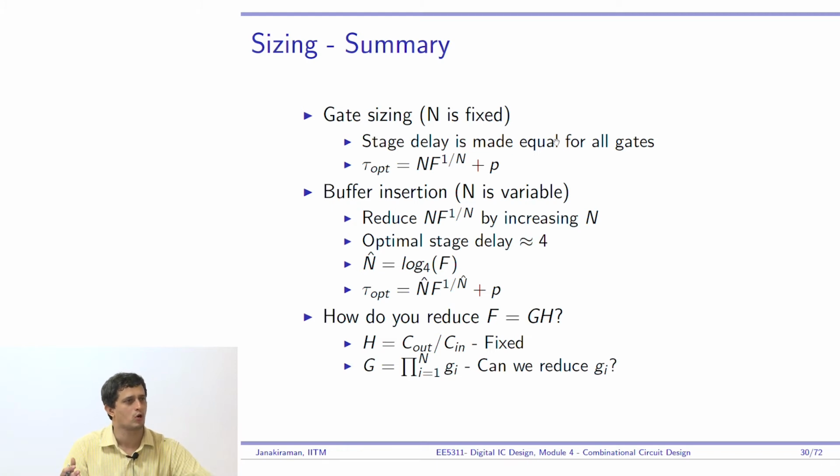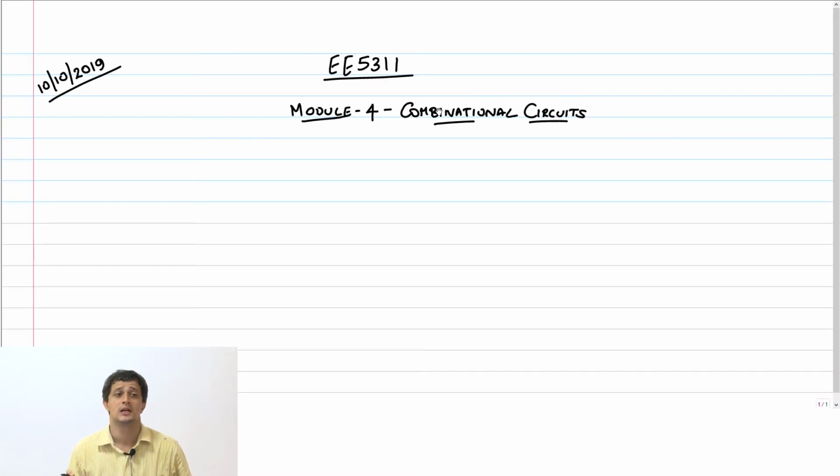You anyway would not want to upsize that too much. You make it unit gate, right? So you take the ratio, this is fixed. The only way you can reduce the delay any further is to reduce the logical effort of each gate on the path. So in the rest of the module, that is what we are going to look at. We are going to look at methods in which I can reduce the logical effort.